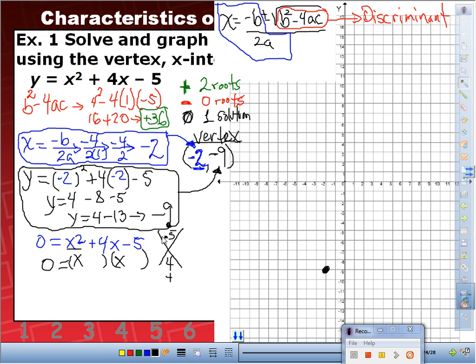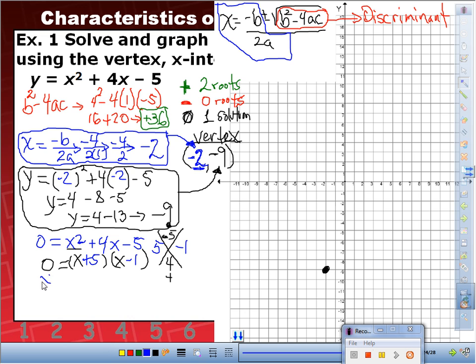So what factors of 5 add or subtract to give us 4? 5 and -1. So this is x plus 5, x minus 1. Are we done? No. Set each one equal to 0.